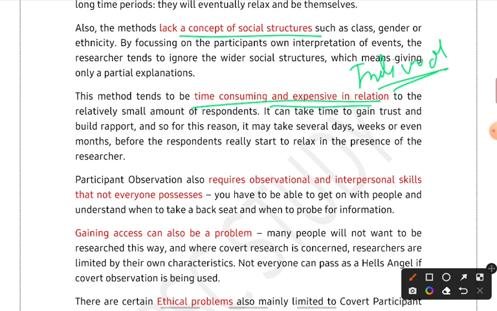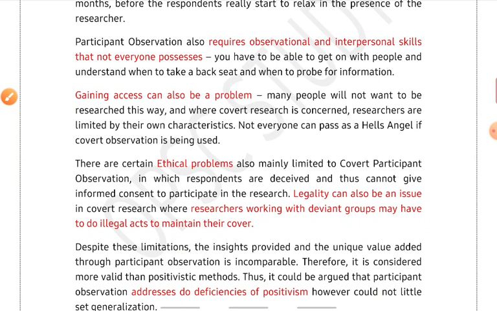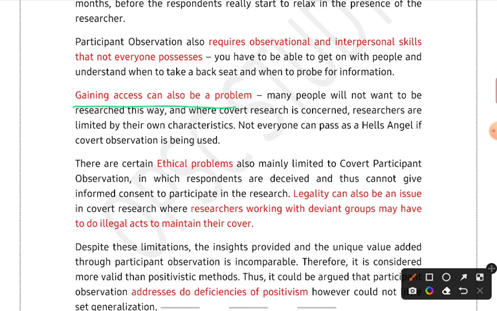Obviously it will be more time consuming because you are collecting qualitative data. Then it requires observational and interpersonal skills that not everyone possesses. In order to participate in a particular research, you need good interpersonal skills, then only you will be acceptable in that particular institution. Gaining access can also be a problem, definitely.